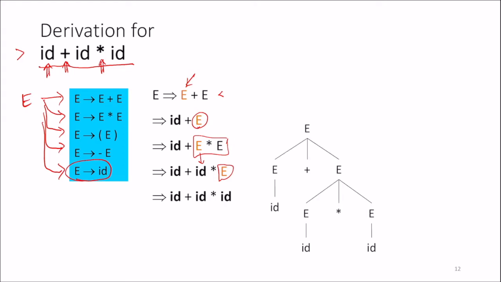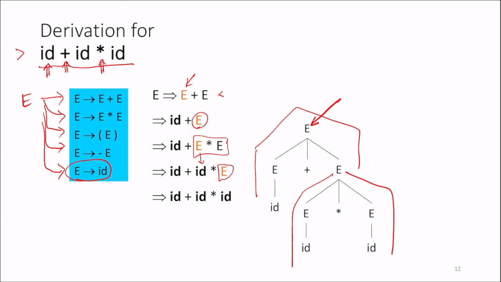So if I was to draw this out as a tree, like we saw before, we can see that this derivation corresponds to a tree structure where the multiplication happens, and then the result of the multiplication is added to this identifier value, and that final value is at the root of this tree.